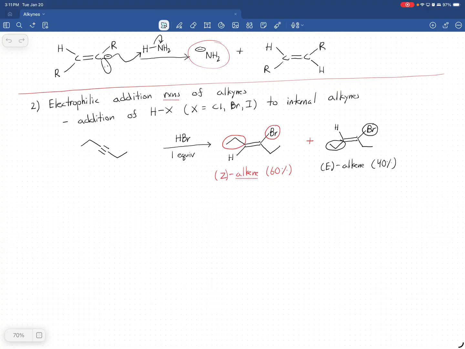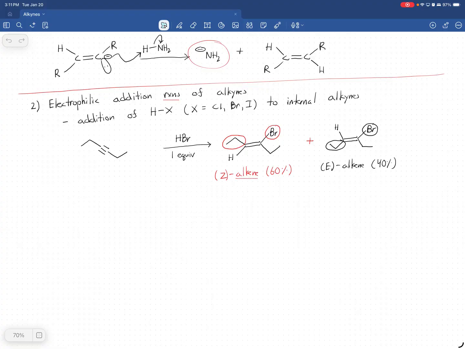Okay, so in this case, we have HBr adding across a triple bond, and we get 2 isomers, the Z-alkene, 60% yield, and the E-alkene, 40% yield. Okay, so if it was asked of you, you would want to draw both of them, okay?